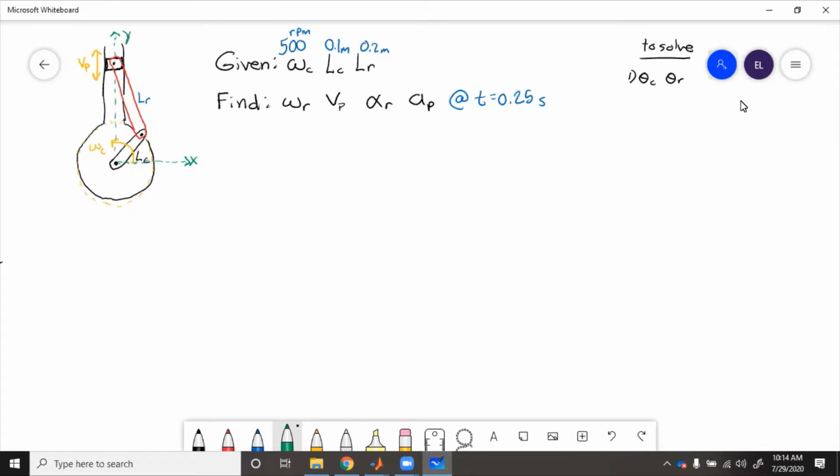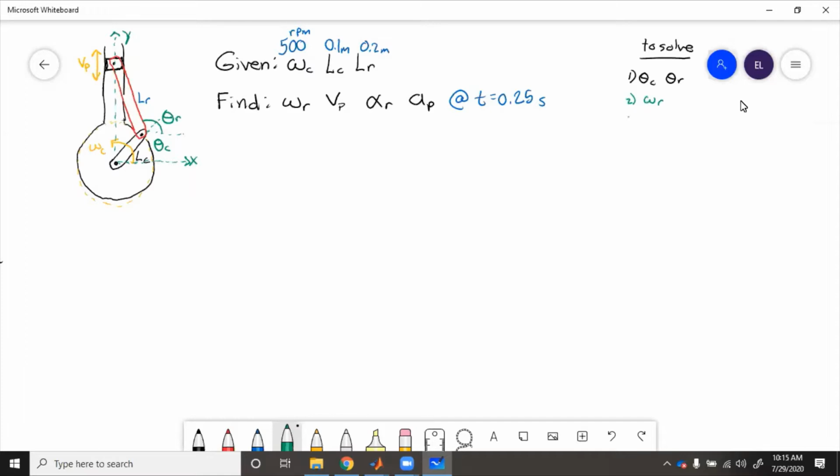With our coordinate frame, then this angle is theta C, angle of the crank, and then this is angle of the rod, angle given with the positive x-axis. Then the second step, we can find angular velocity of the rod.